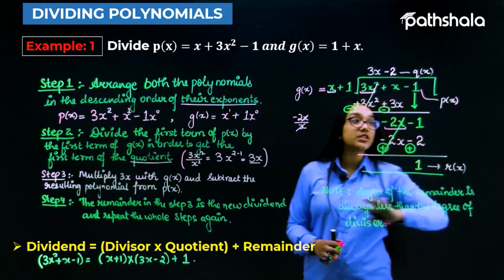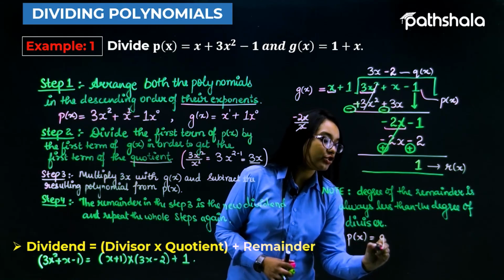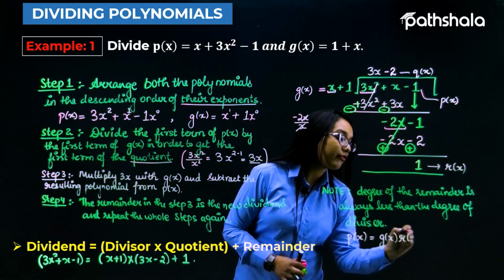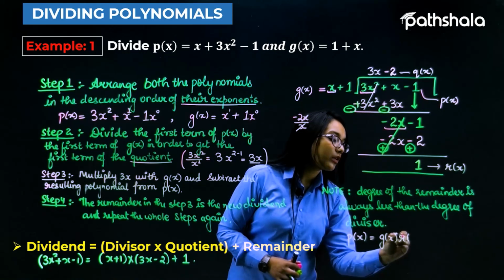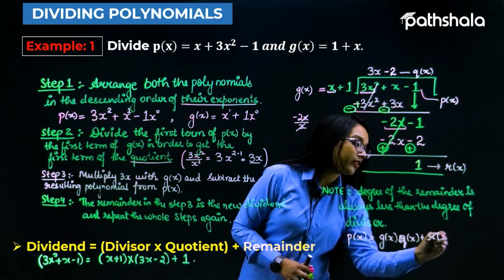So we can write this particular formation as p of x is equal to g of x into q of x plus r of x.